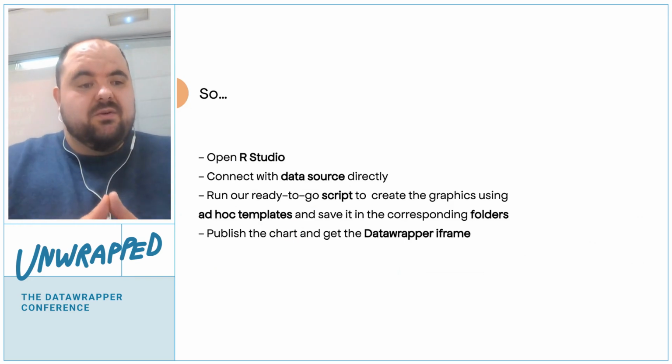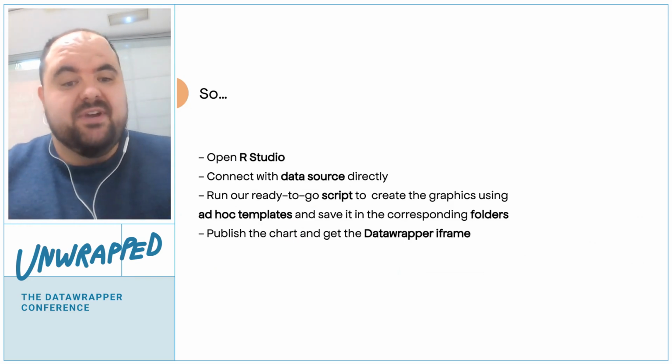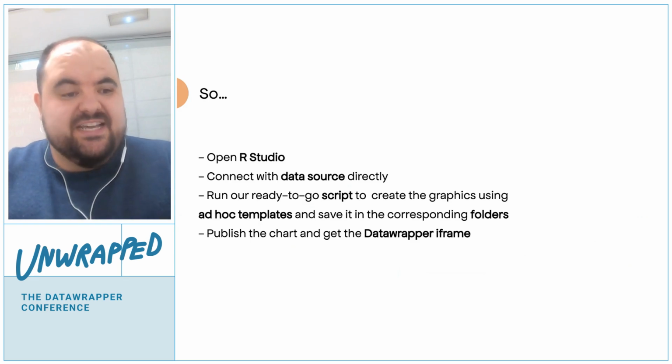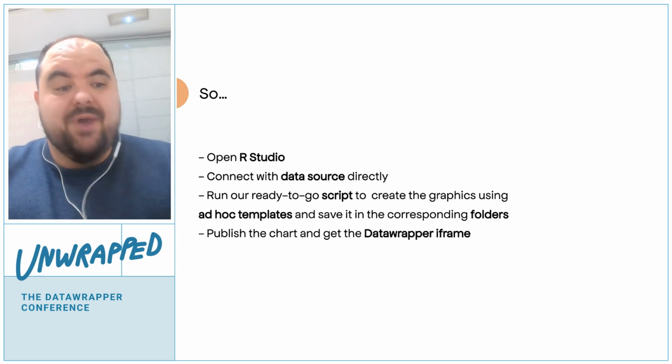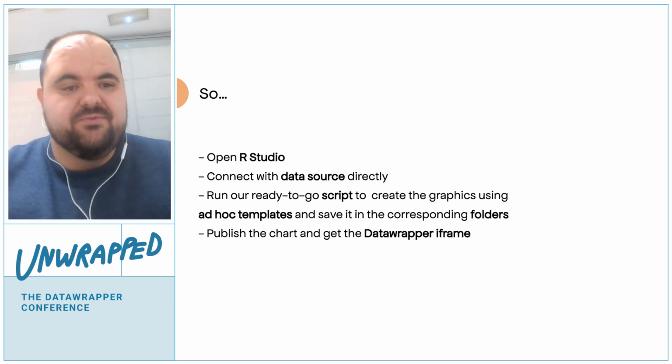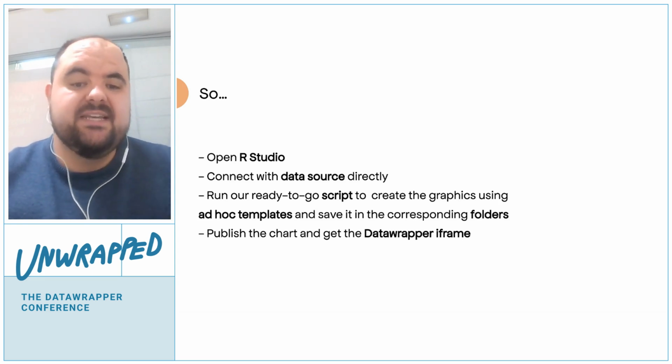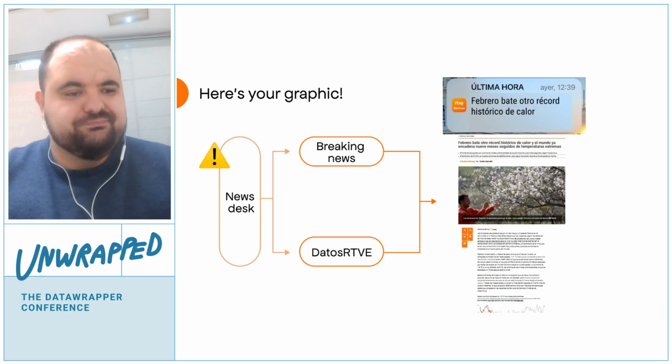To sum up, once it's done, the process is very straightforward, and you can do it again and again. You open RStudio, you connect with data source directly, run your ready-to-go script to create the chart using your template, save it, and publish it.